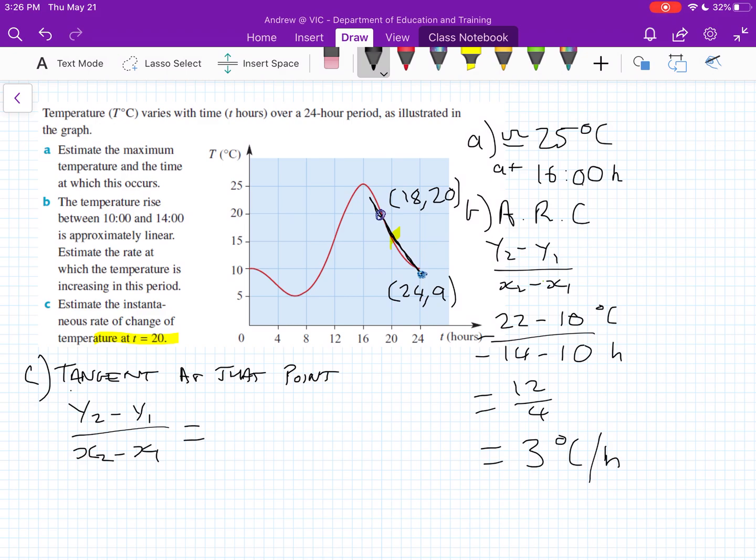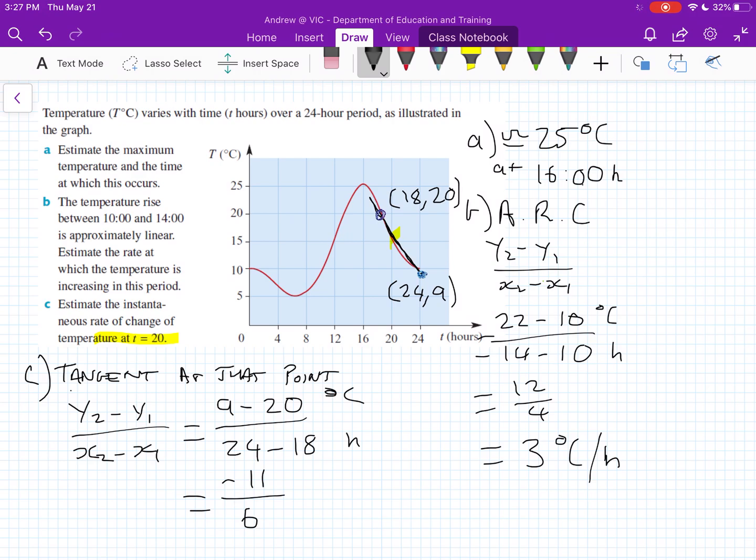So this goes from 9 minus 20 over 24 minus 18. Okay, just remember that this is degrees Celsius, and this here is our time in hours. So this becomes negative 11 on 6.